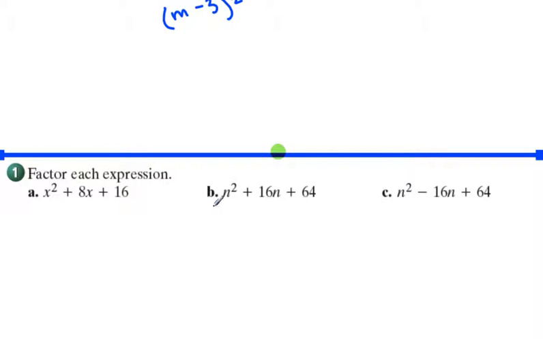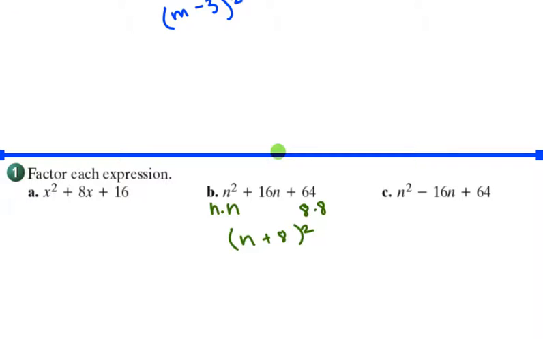Yes, it is, because the only way you can get n squared is n times n. And 64 is a perfect square, that's 8 times 8. 8 times n, 8n, times 2, 16n. So this is a perfect square trinomial: (n plus 8) squared. That's it.